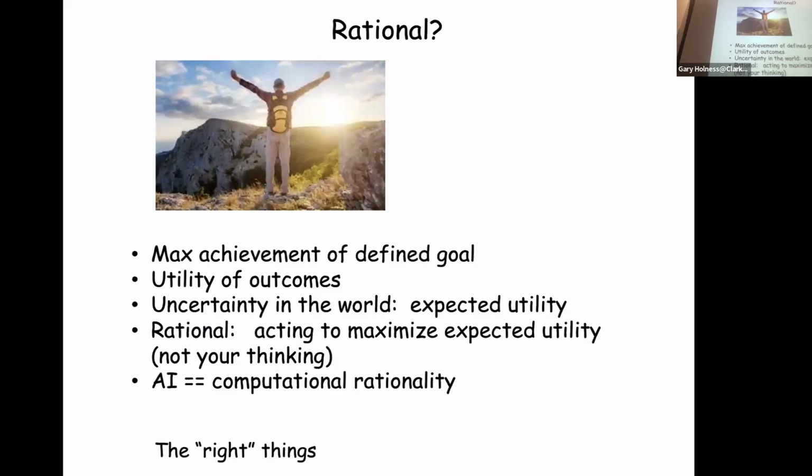Okay. So rationality is defined as acting such that you achieve the maximization of some defined goal. So that needs some notion of a performance measure. And part of what we're going to do in this class is look at different types of performance measures in a Pac-Man environment. You also need a notion of utility of outcomes.